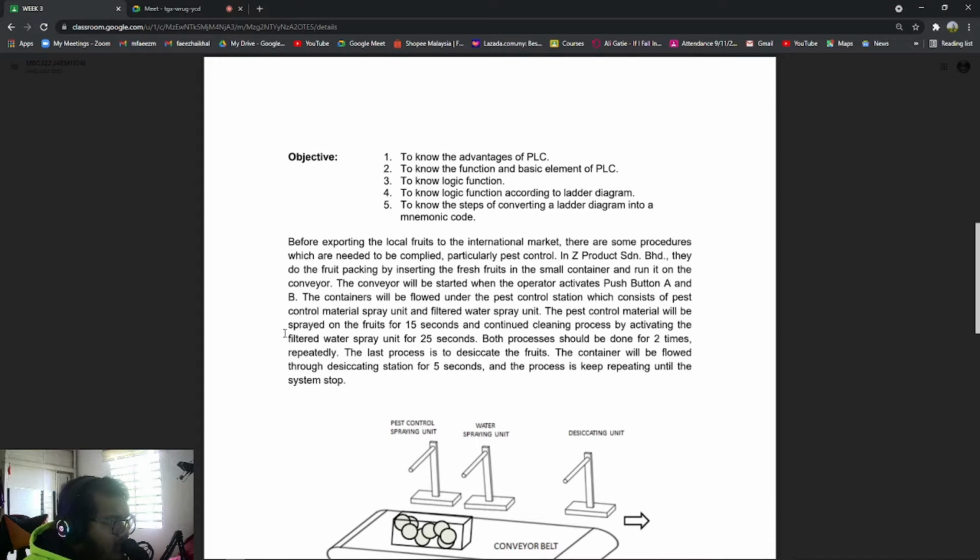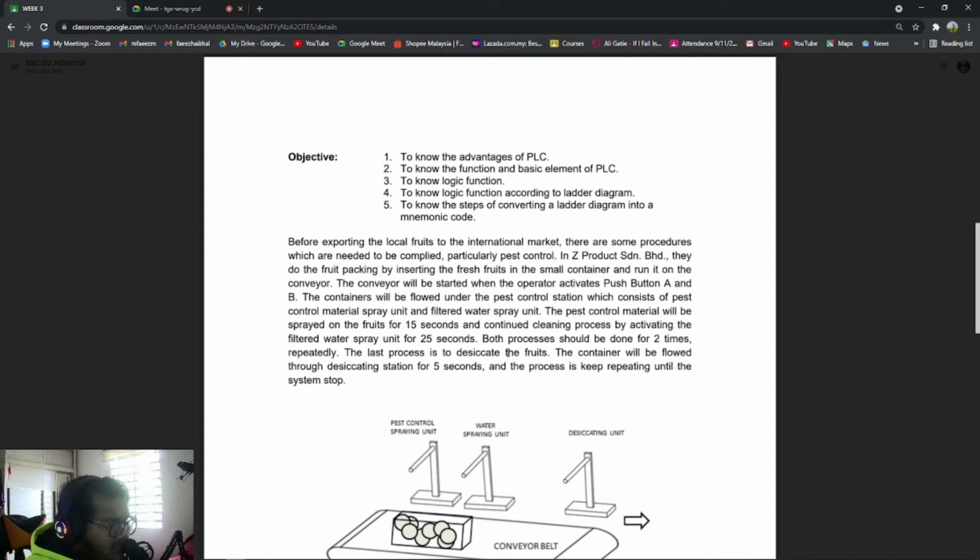The container will flow under the pest control station, which consists of a pest control material spray unit and a filtered water spray unit. The pest control material will be sprayed on the fruit for 15 seconds, followed by a cleaning process activating the filtered water spray for 25 seconds.